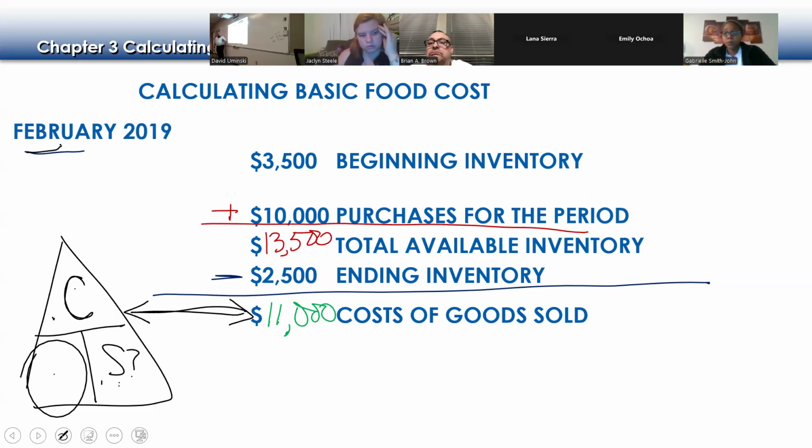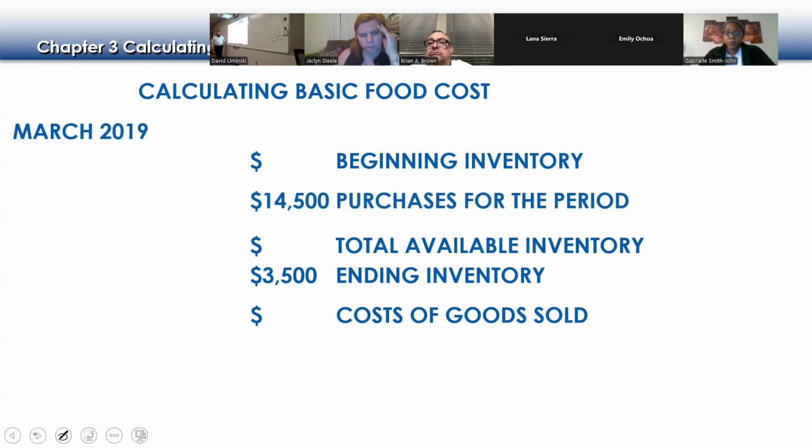So we're forecasting our ending inventory of 2,500 becomes our beginning inventory for March. Hopefully no product has gone missing between February 28th and March 1st. Okay. So our ending inventory for the previous period becomes the beginning inventory for the new period.